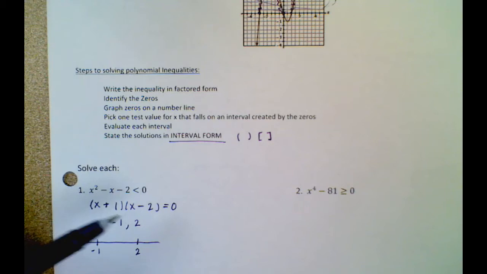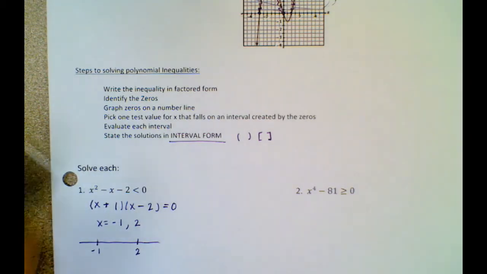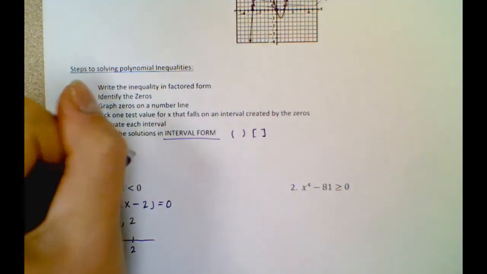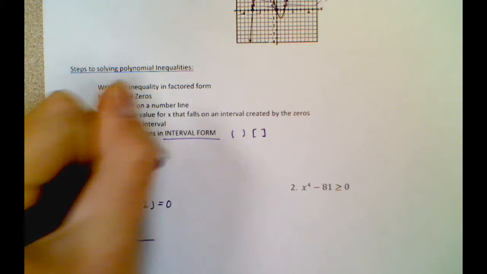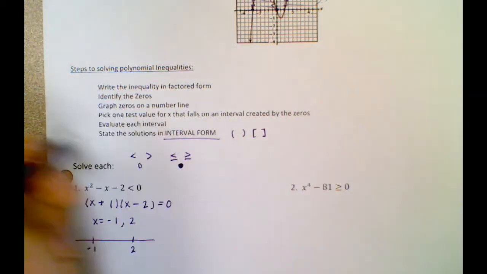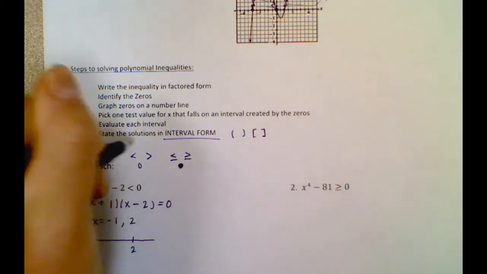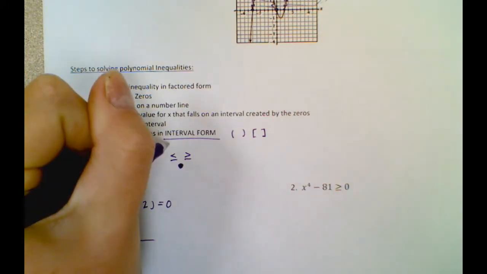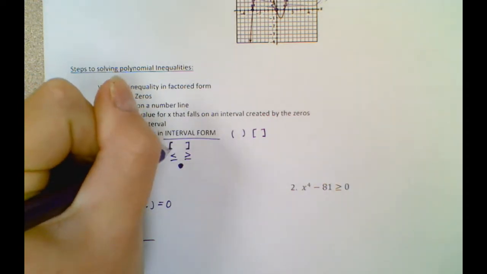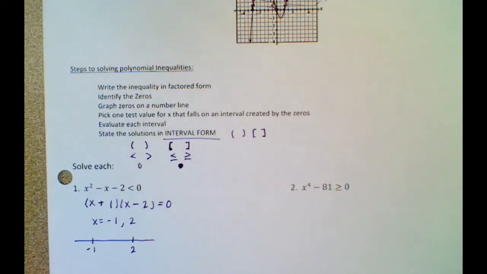Now, remember kind of back in Algebra 2, these inequality symbols represent open circles, okay? These are open, these are closed. And we want to use parentheses on these guys, and we use brackets on the less than or equal to or greater than or equal to symbols, okay?